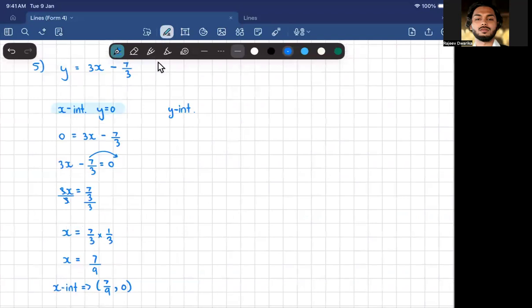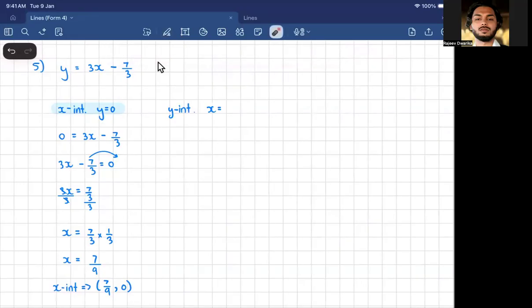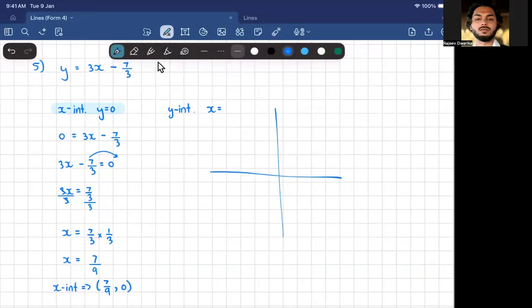So at the y-intercept, what do you think the x value is equal to? If we're talking about the y-intercept, this would be where the line cuts the y-axis. So watch, check it out. Let's just say we have this line over here.